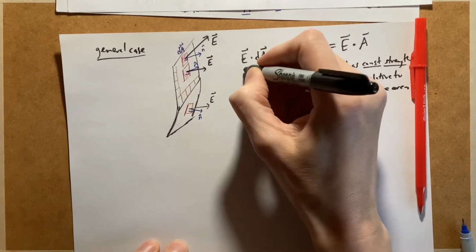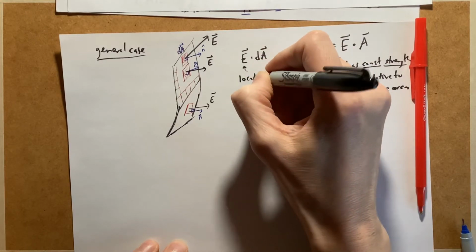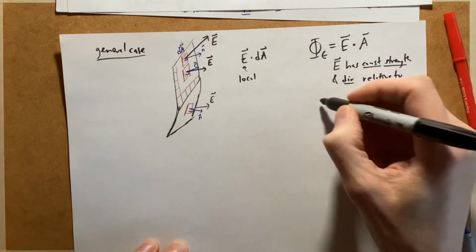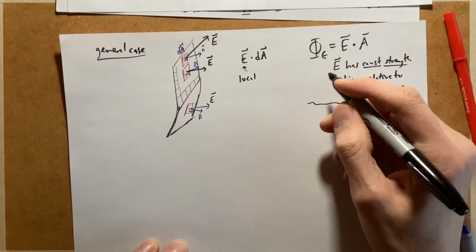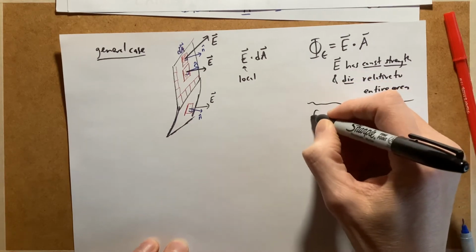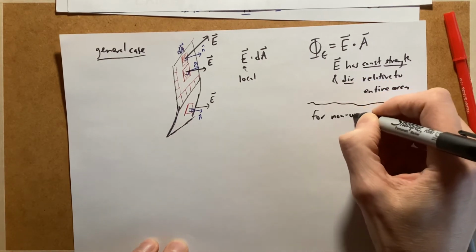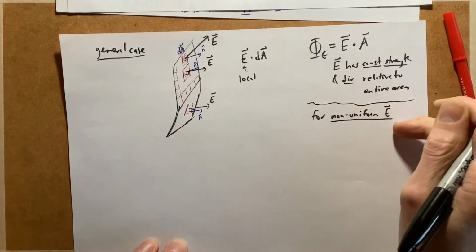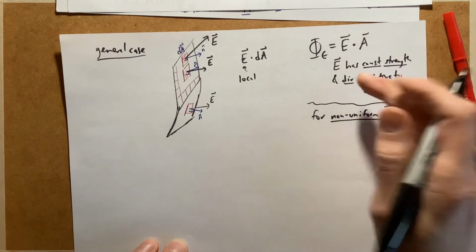So if you do that, you take the local electric field, whatever it's doing, with the local dA, whatever it's doing, okay? Here, again, we might have non-uniform fields, so the field strength itself might be changing in strength and direction.